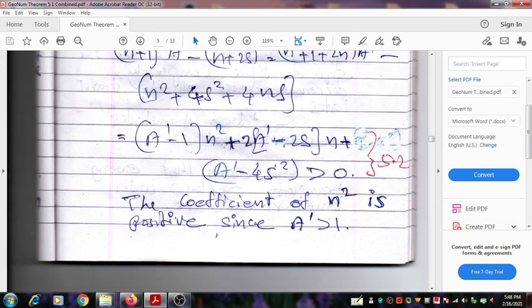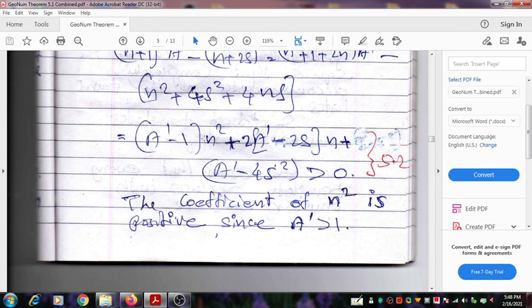When we take n sufficiently large, what happens to the first term? N square will be much bigger, so the first term becomes a very big quantity.